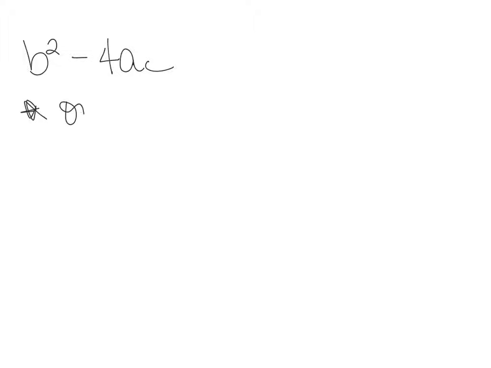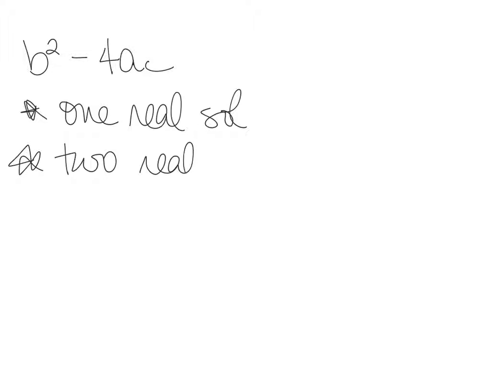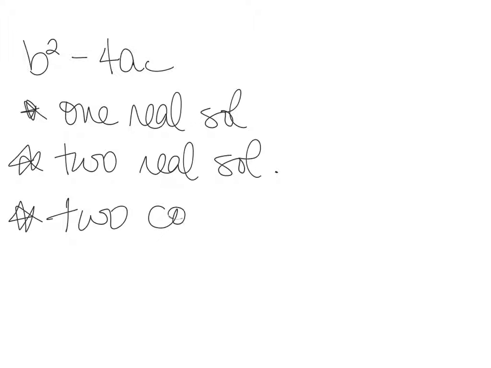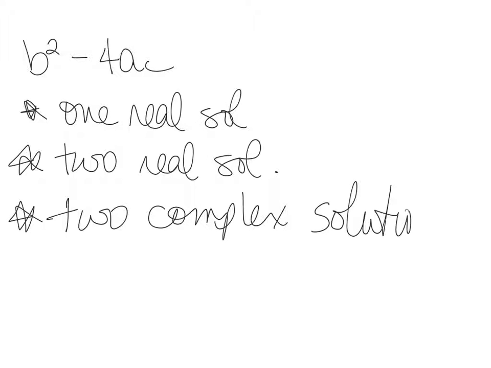We can get things like one real solution, two real solutions, or two complex solutions. The discriminant can tell us that. Let's examine the situation when the discriminant is 0.